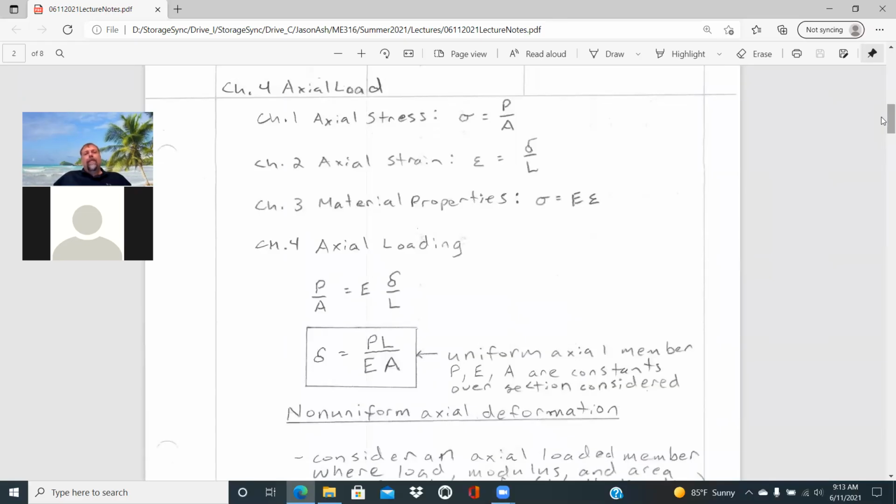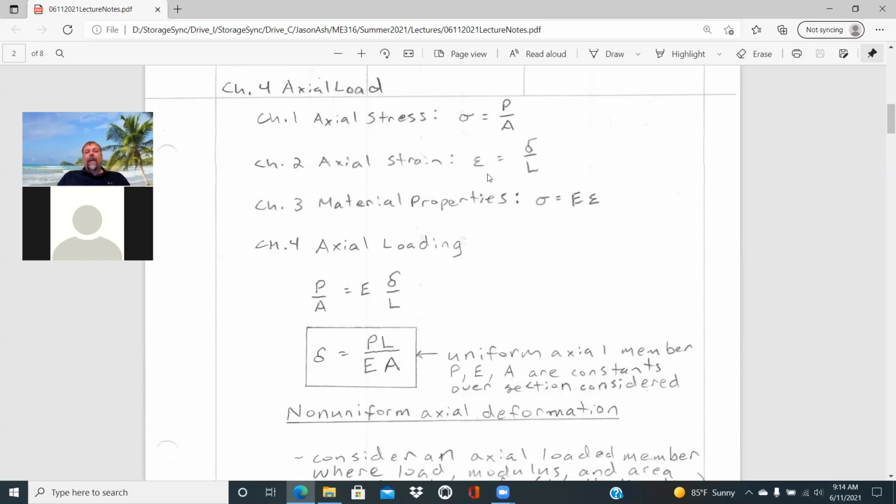And so now we'll get into chapter 4 of Hibbeler, looking at the axial loading conditions. And really it just combines concepts that were learned previously in chapters 1, 2, and 3, where in chapter 1 we learned that stress sigma is equal to a load P over the cross-sectional area for an axial loading condition.